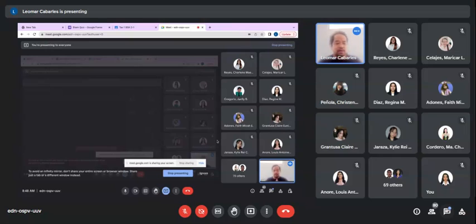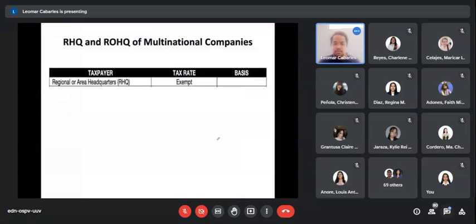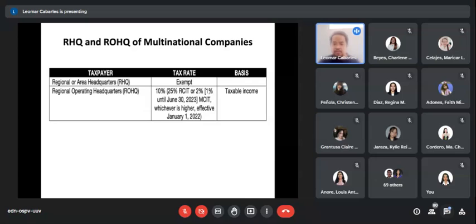Kaya nga sa current, starting this year, our OHQ is now an ordinary corporation. Dati siyang 10%, but starting this year, magiging R-SIP na siya. Or M-SIP, kung ano man yung mas mataas.